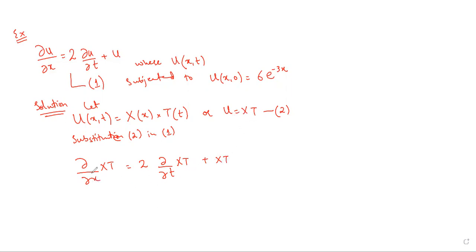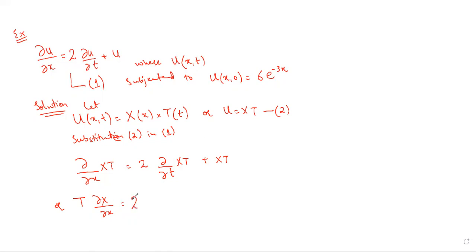So if you partially differentiate X into T with respect to x, T can be considered as constant. So we can write it as T times the partial derivative of only X with respect to x. Since this is a partial differentiation, that's why we are taking T outside the differential operator.